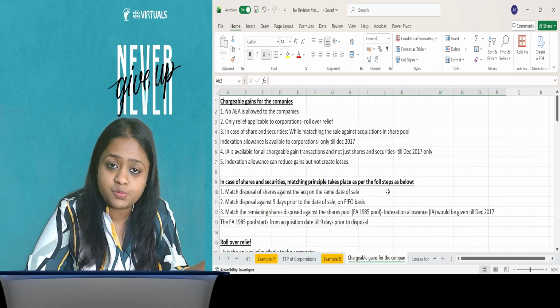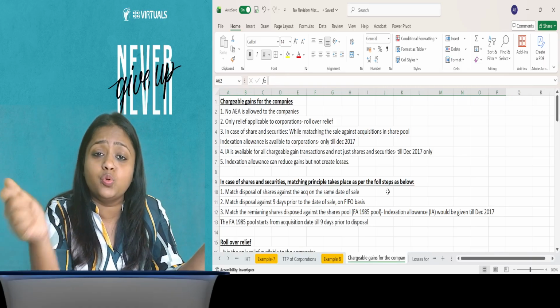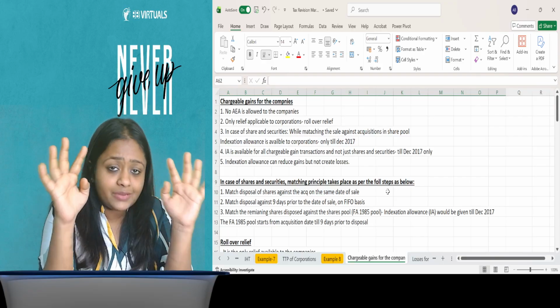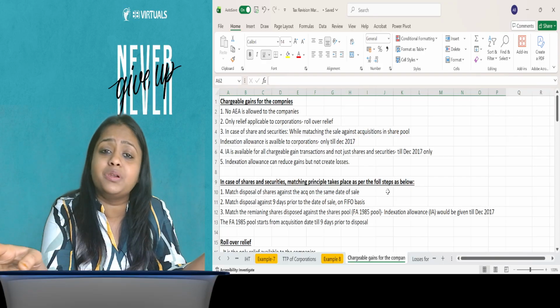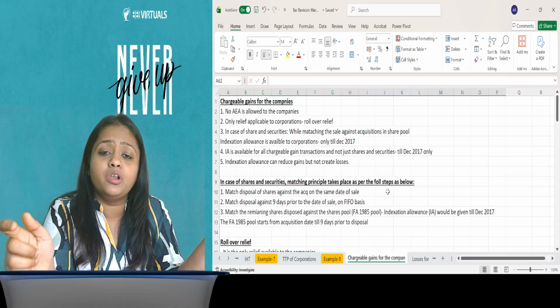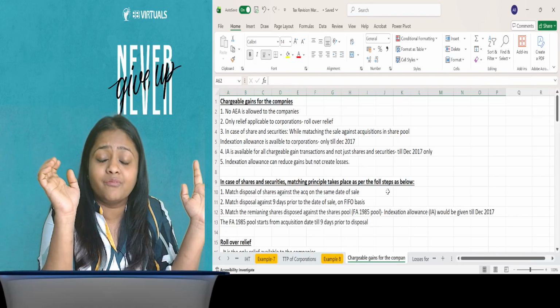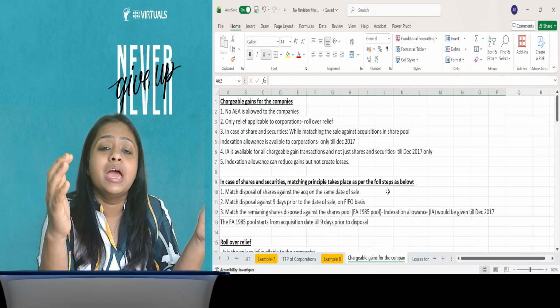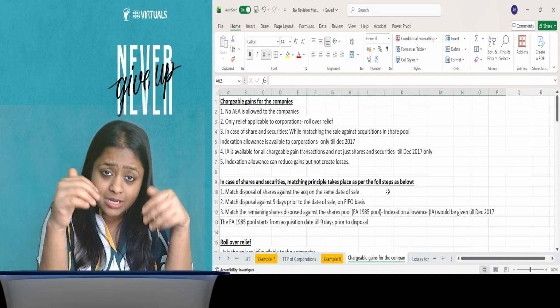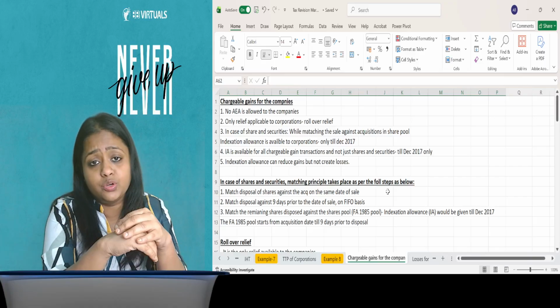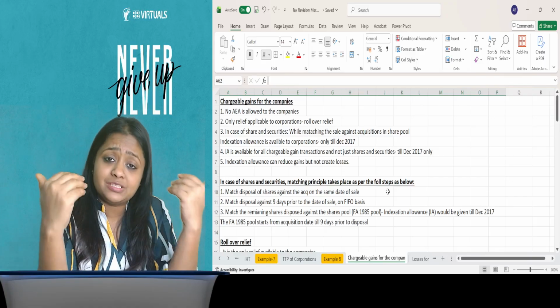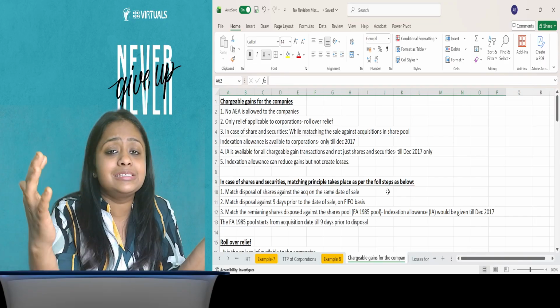If your cost is 1 lakh, factor is given as 0.207, and that factor will be given to you in the exam. No need to be troubled for it. Multiply 0.207 with 1 lakh, that is 100,000, and then that would be an additional reduction that you will do along with the cost. So in place of AEA, you will get indexation allowance.